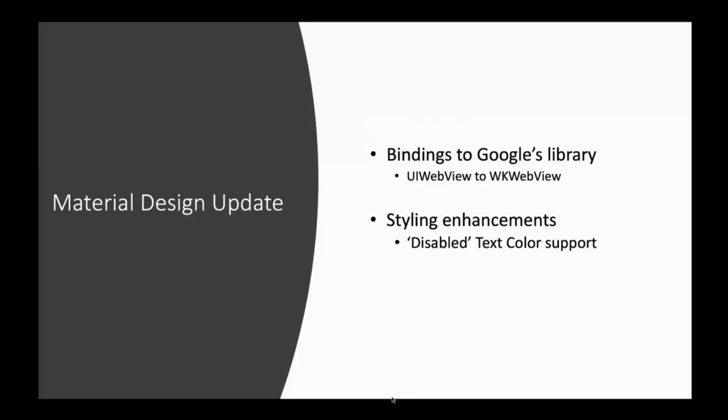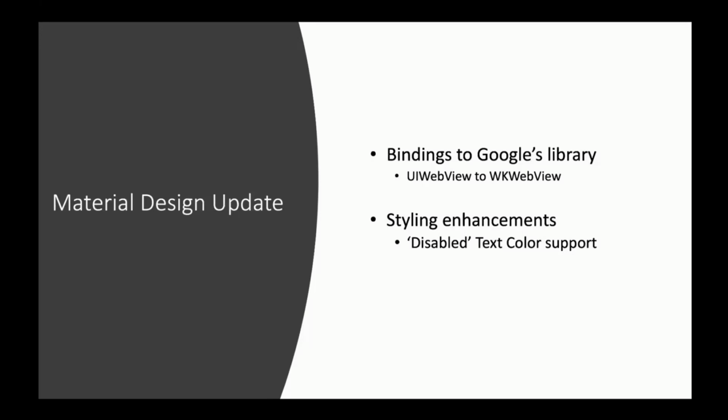The first feature, or maybe we can call it not a feature but an enhancement, is the material design update. As you all know, in Xamarin Forms, I guess 3.6, the Xamarin Forms team added material design support for Android and iOS both. Material design is part of Google, right?